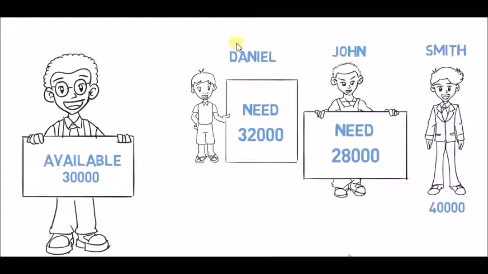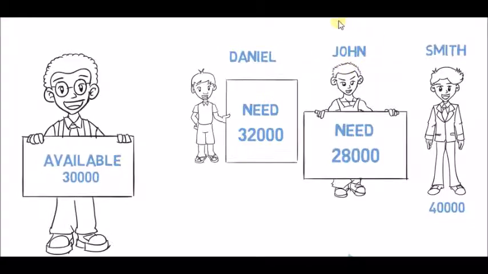The first is Daniel, and Daniel needs 32,000 rupees. We have 30,000 rupees available, so we cannot provide a loan, right? Because Daniel's need is greater than the available money. So we tell Daniel, okay, we cannot provide a loan, please visit our bank after 30 days.